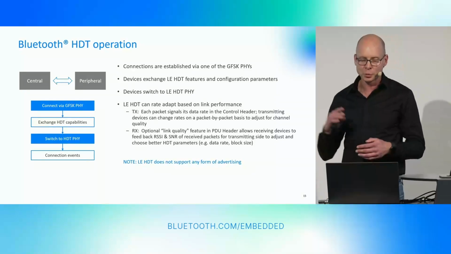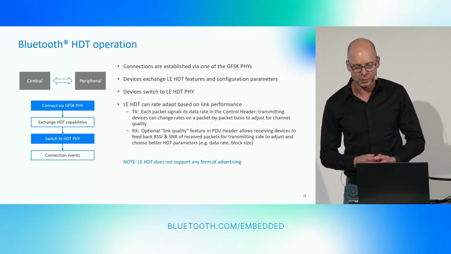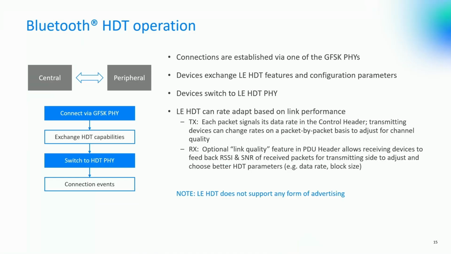Then there's going to be a switch to the HDT PHY. That's going to happen via the PHY update procedure, and either the central or the peripheral device can make that request. Once the HDT connection events are in progress, HDT can rate adapt up or down based on the link performance or quality.